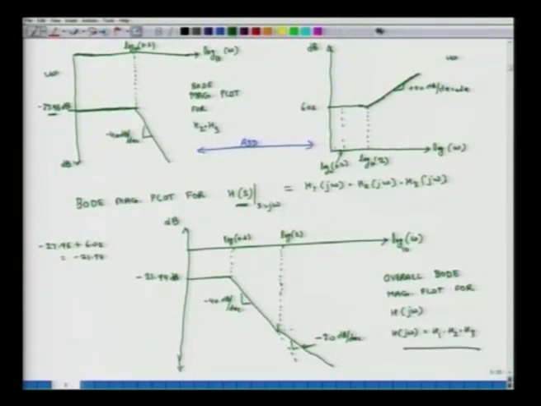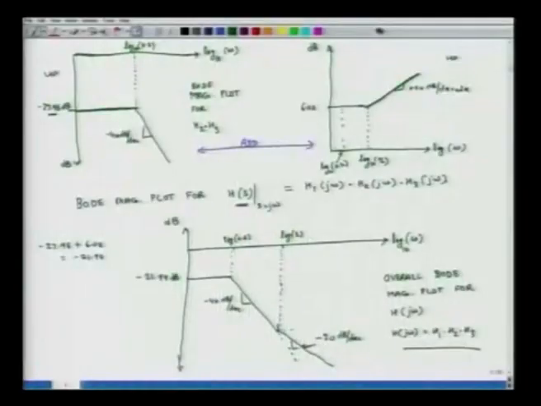We will use a very similar approach for developing a Bode phase plot for this complex transfer function H, and that is what we are going to do in the next several minutes. So, now our objective is to develop a Bode phase plot for H(j omega).